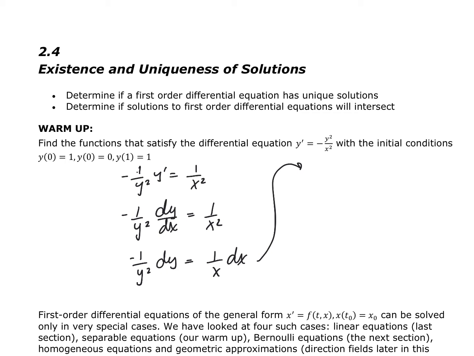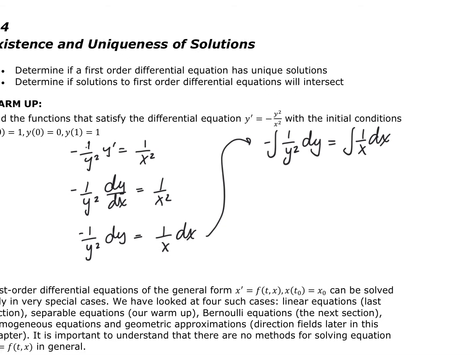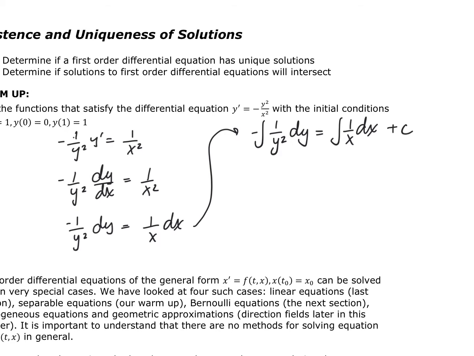Now let's go ahead and integrate this. So we're going to integrate negative 1 over y squared dy is the integration of 1 over x squared dx, and then don't forget the plus c. When we integrate the left-hand side, we're going to get 1 over y. And this is why I kept a negative with the y: remember this is the same thing as y raised to the negative 2.